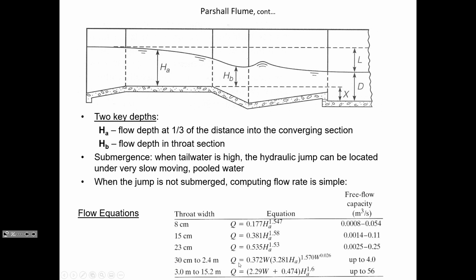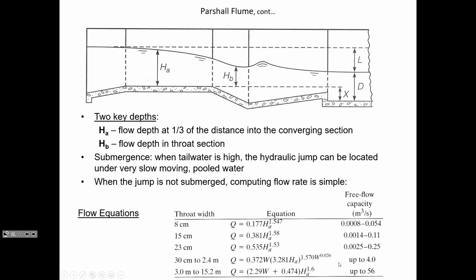So you can see Q is a function of the width, the H sub A, and then I've got a pretty complicated exponent here as well. An exponent on top of an exponent. So this is a tricky empirical equation. And what we usually see for flumes of this throat width would be a free flow capacity up to 4 cubic meters per second. That's just to give you an idea of what could be accommodated for a flume of this width.